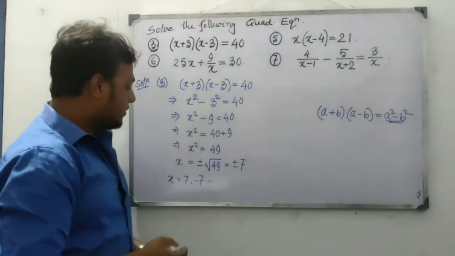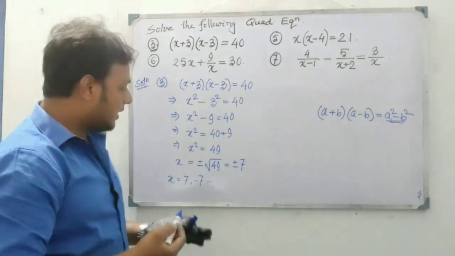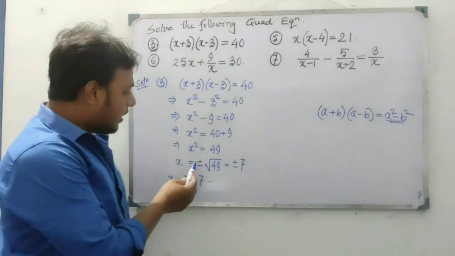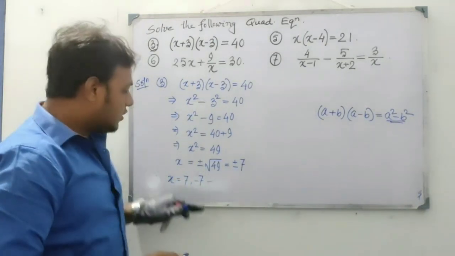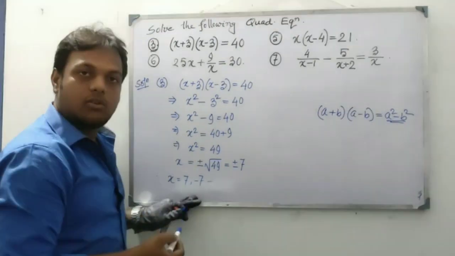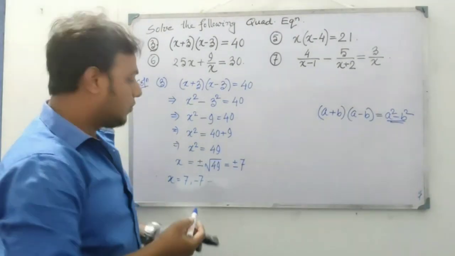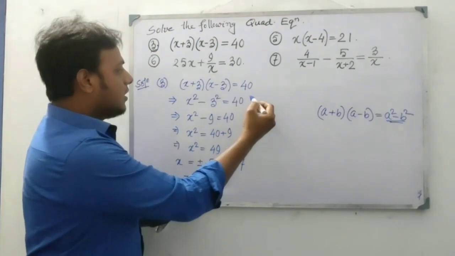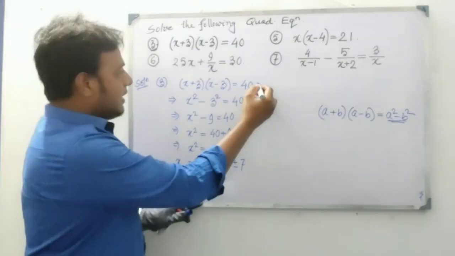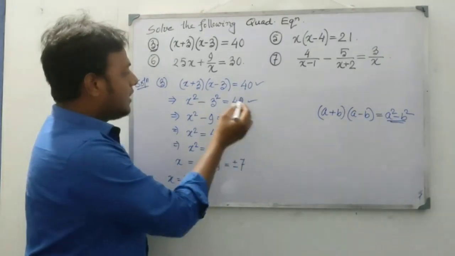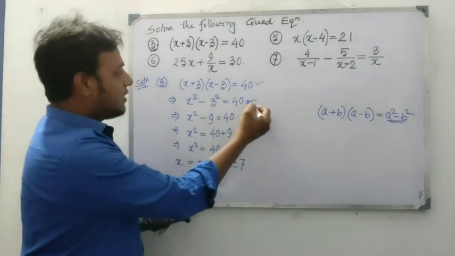Now a question can arise in your mind: why have we used plus minus here? Actually, solution means we have to find those values of x for which the main equation will be satisfied. See, here this equation and this equation are identical, that means basically the same but in another form.